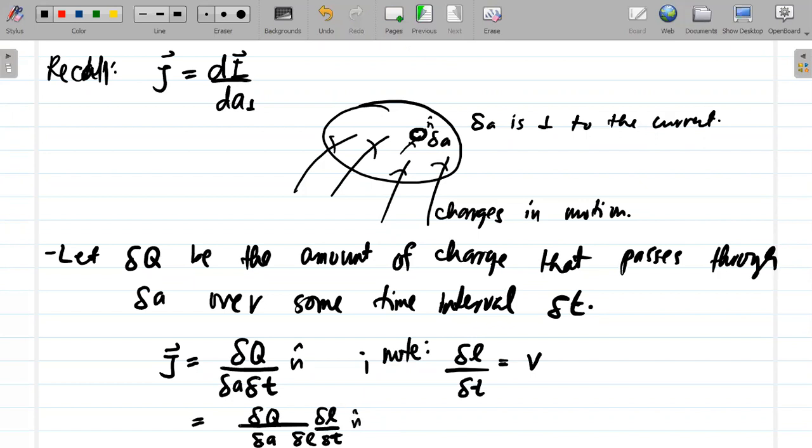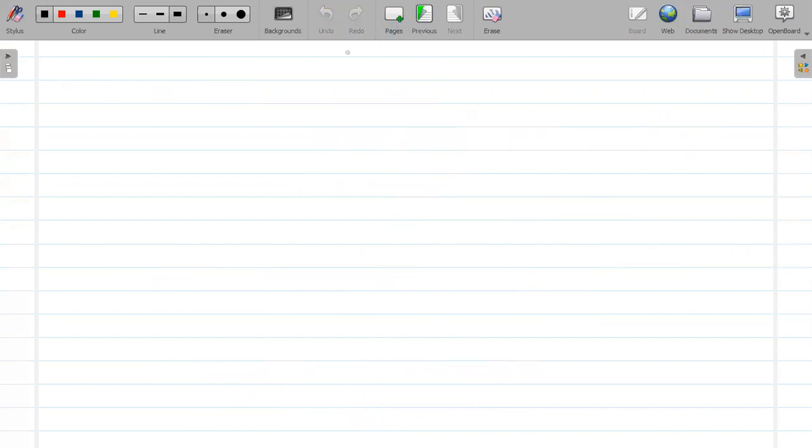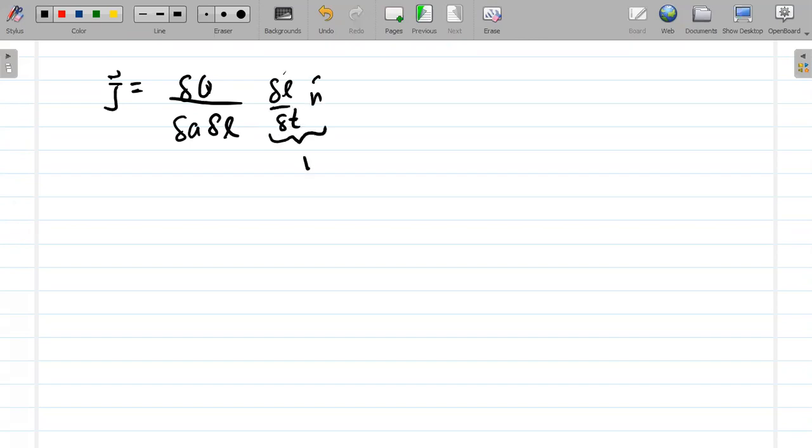n hat. So J, that is equal to delta Q over delta A delta T, delta L, delta L over delta T n hat. Actually, class, this is our velocity vector. Di ba? Length over time, direction ng particles, yun yung velocity vector mo.